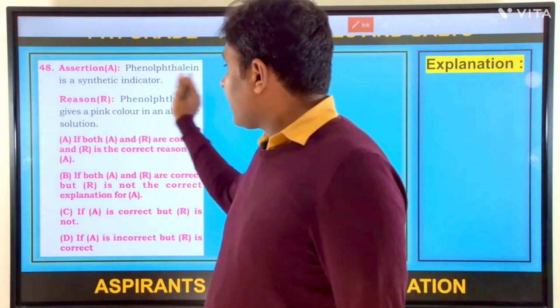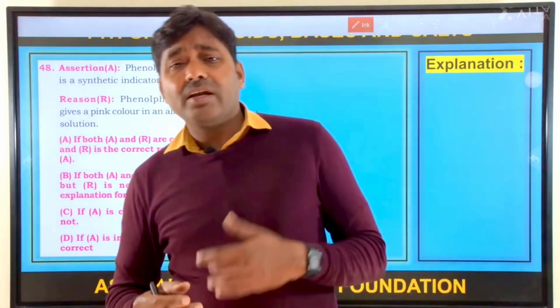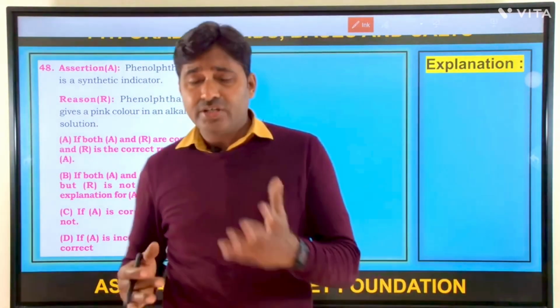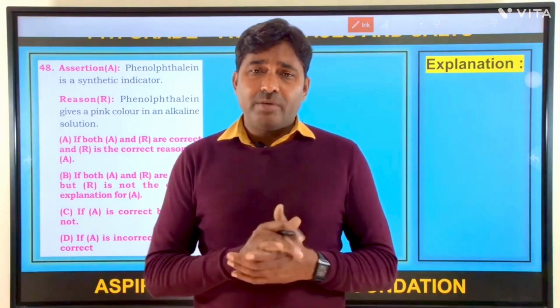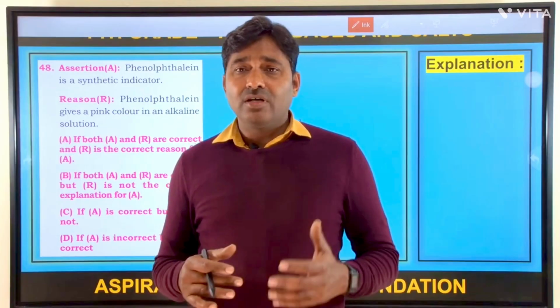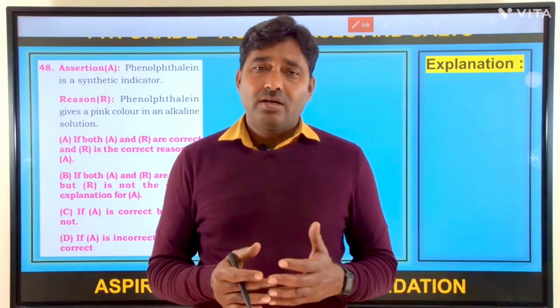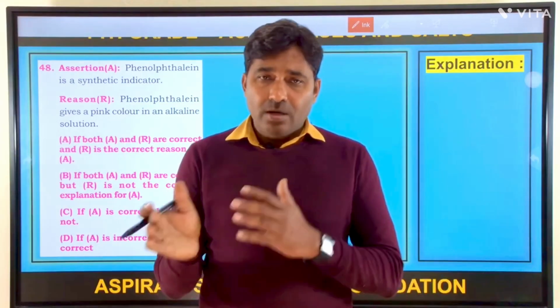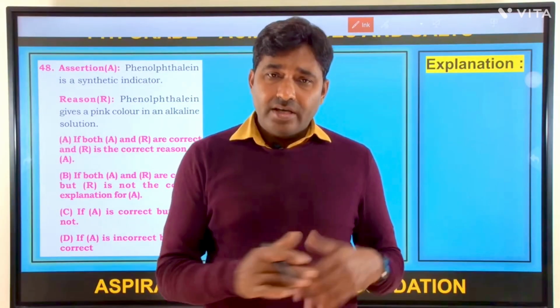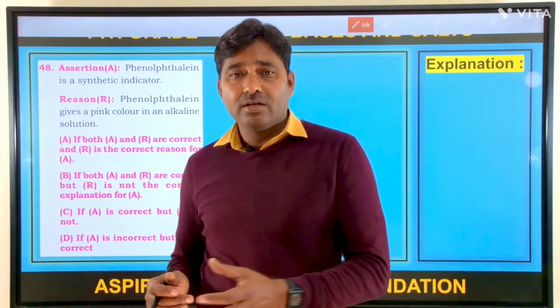Phenolphthalein is a synthetic indicator. Yes, phenolphthalein is a synthetic indicator. Generally, phenolphthalein and methyl orange indicators are powdered chemicals. These powdered chemicals are dissolved in water to give their solutions. For example, 1 gram is mixed with 500 ml of water.